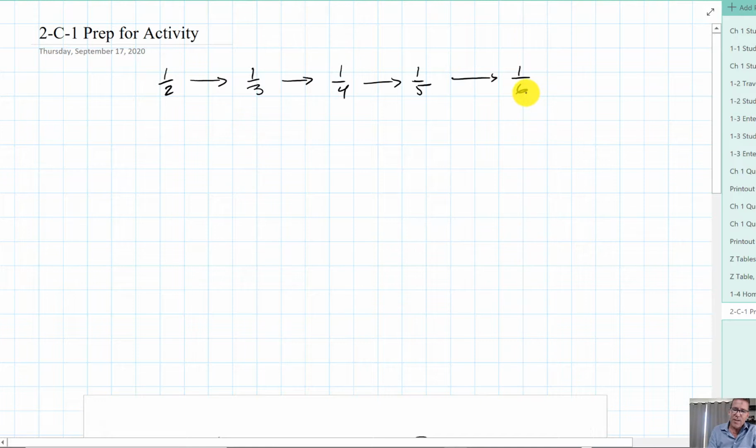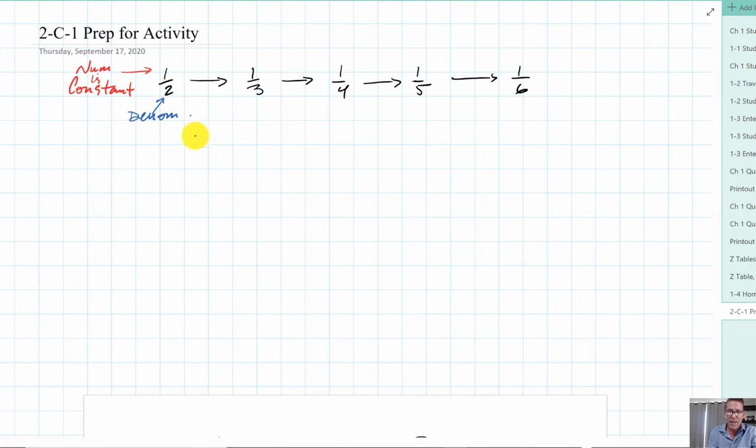So notice that the numerator here, that's the number on the top, is constant. It's always 1. So when the numerator is constant, what happens to the size of the fraction when you increase the denominator? This is called the denominator, as you guys already know from back in grade school. So when you increase the denominator, what happens to the size of the fraction?